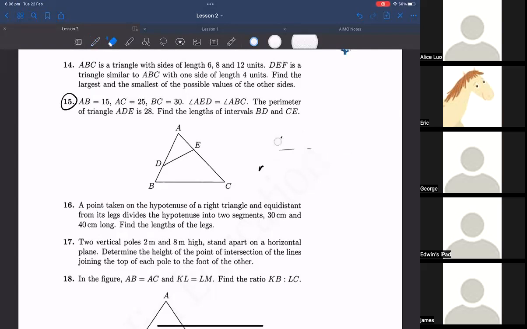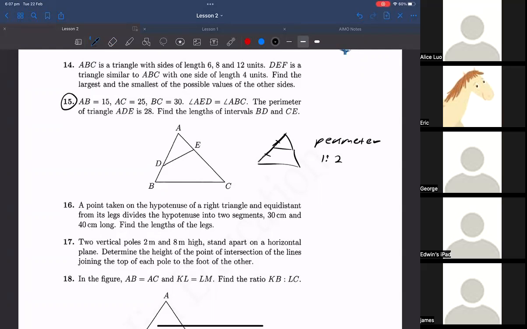What I mean is for a triangle, let's say the side ratios are 1 to 2. You see how all three sides of the big triangle are twice as big as the small triangle. So that's why the perimeter is a ratio of 1 to 2. So you can just do the opposite, right?